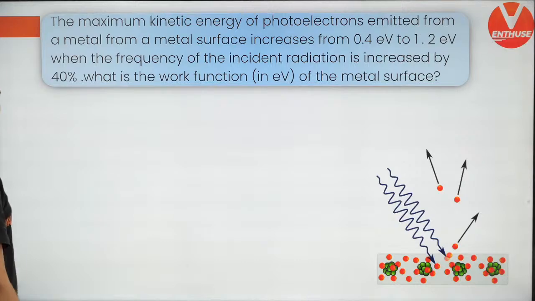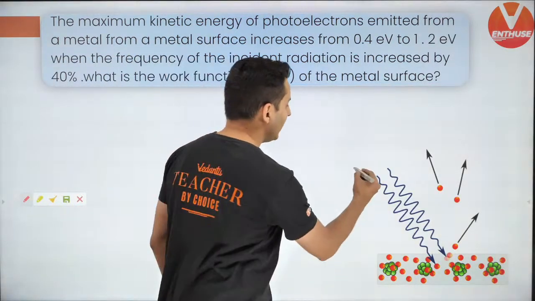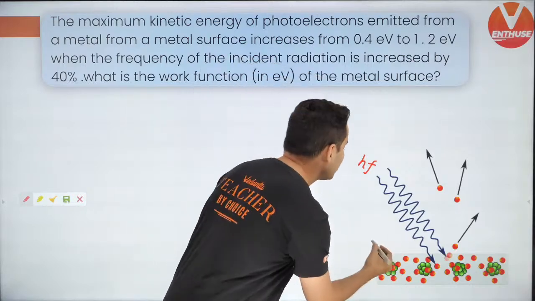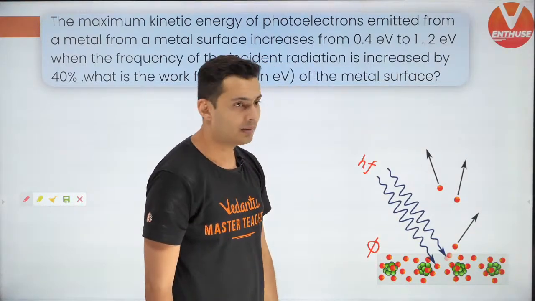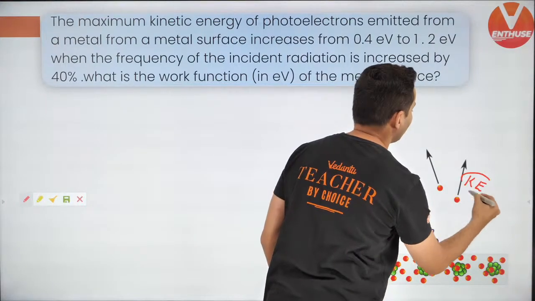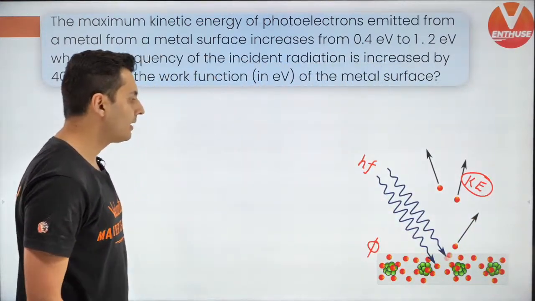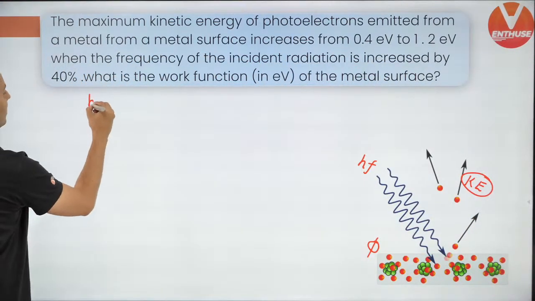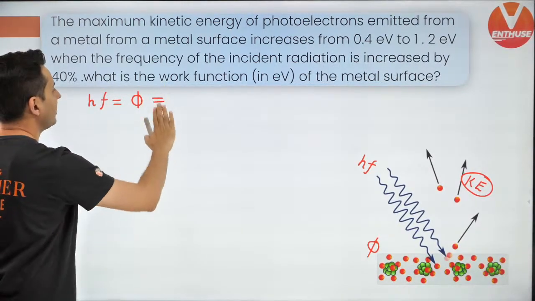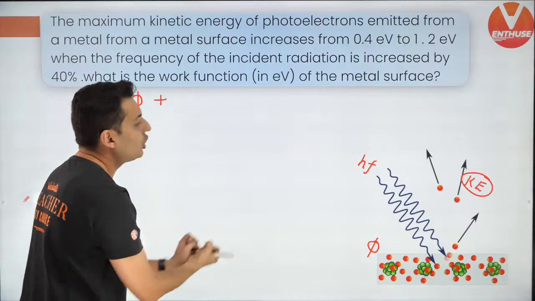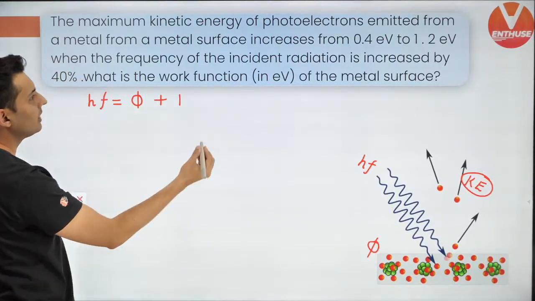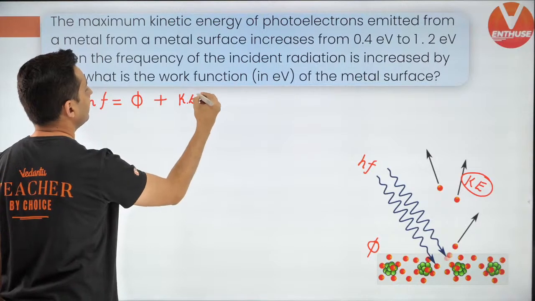So let's think about it. When light falls, it has some energy hf, the photons. Some amount of energy gets used in the work function, and the remaining comes as the kinetic energy of that photoelectron. Now the photoelectric equation is hf equals the work function, which is the minimum energy to knock out that electron, plus that remaining energy in the form of kinetic energy.